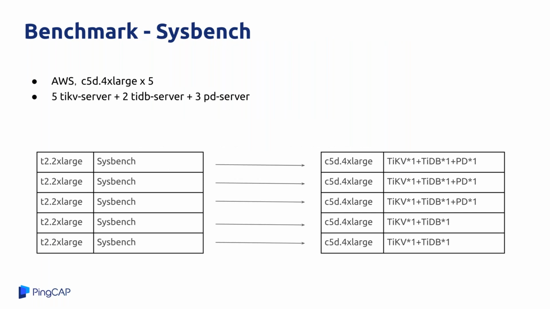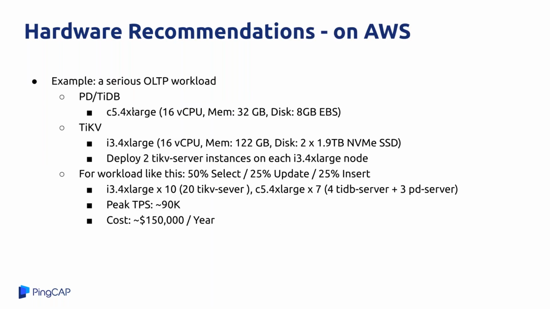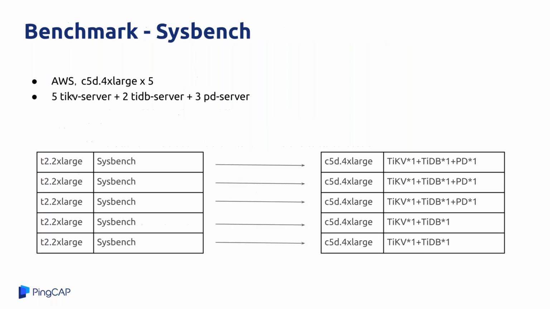And on the other hand, for example, if you want to do some benchmark using something like Sysbench, and you don't want to deploy the very high-end i3 4x large machine, you can also use C5D 4x large for the Sysbench benchmark.